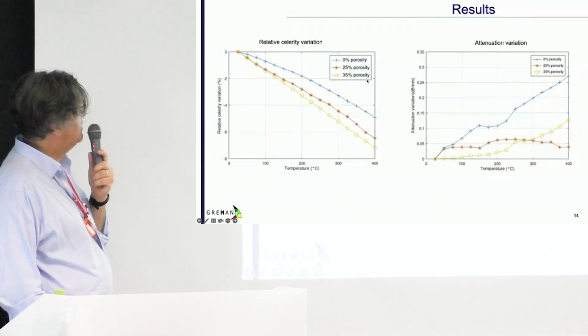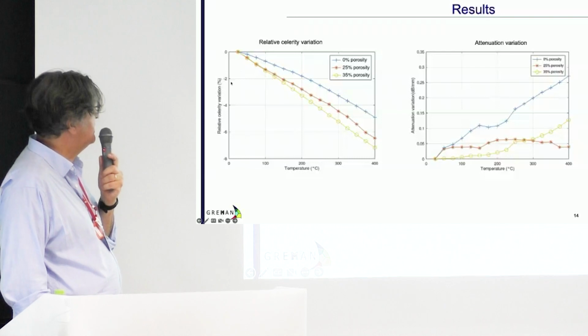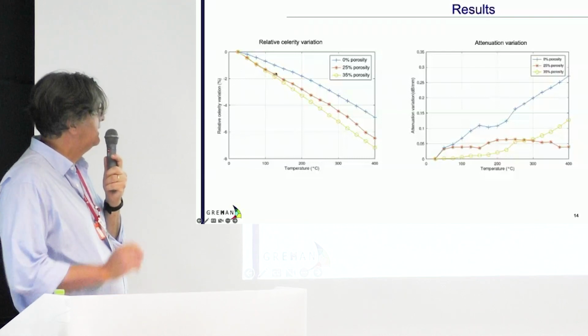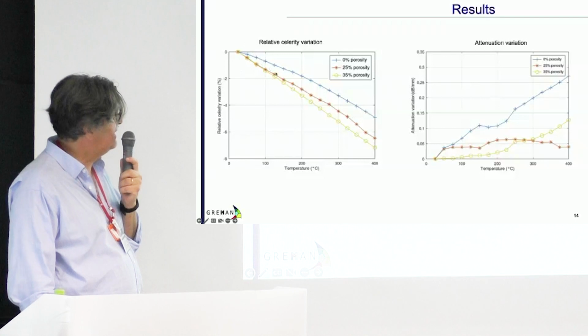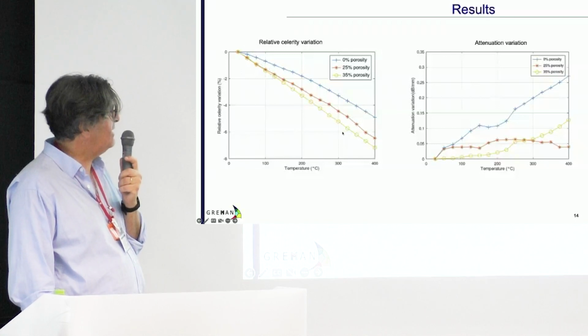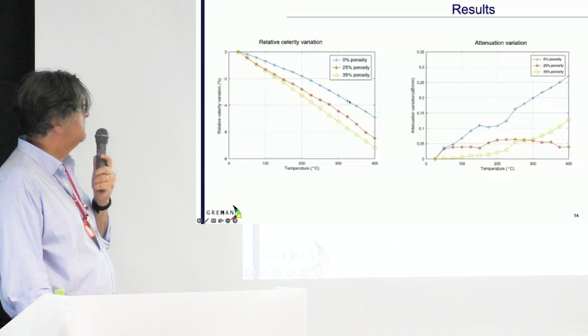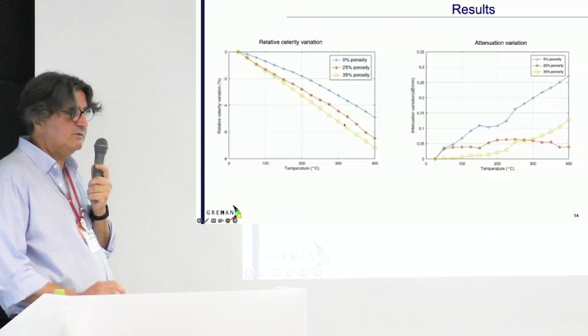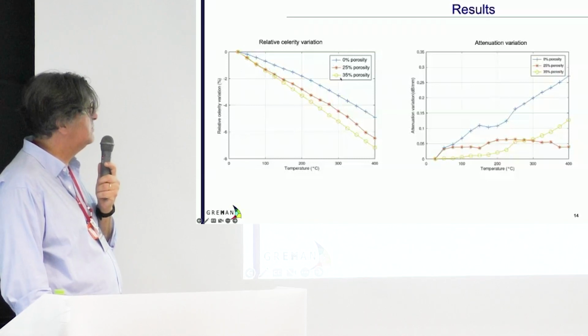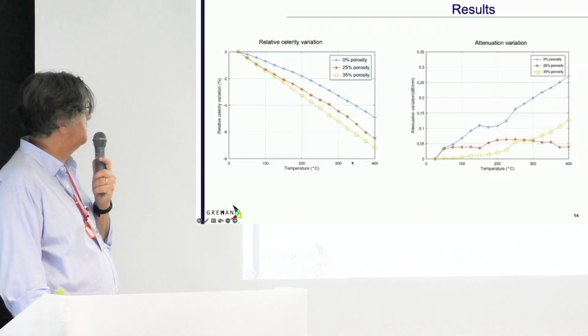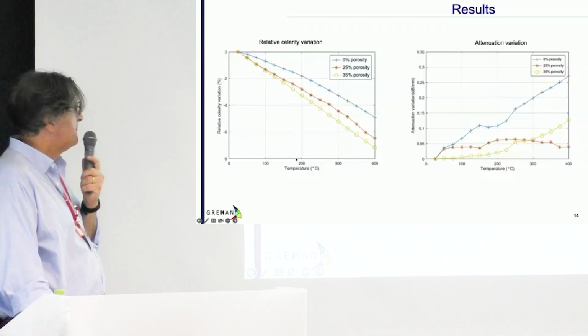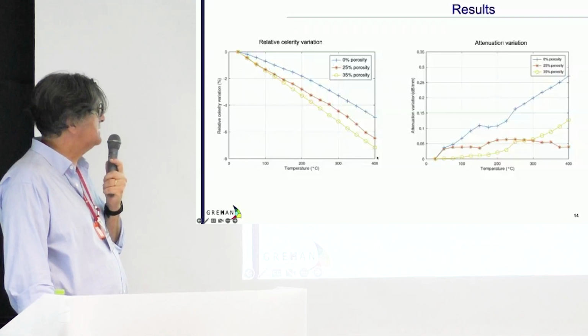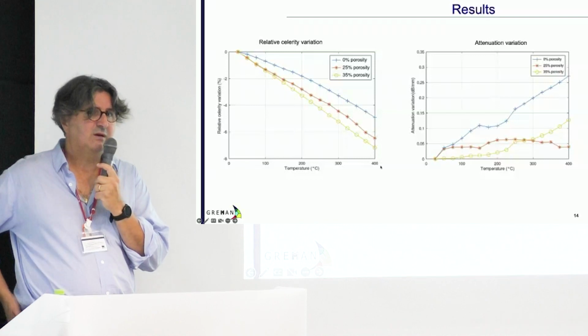And what we can see, if we look at the relative celerity variation into the samples, then we can observe a linear dependence, and the higher the porosity, but this has to be confirmed by other measurements at this time because we have only two porosities, the higher the celerity variation. And typically, here, when you reach 400 degrees, you have a little bit more than 6% celerity variation into your metal.